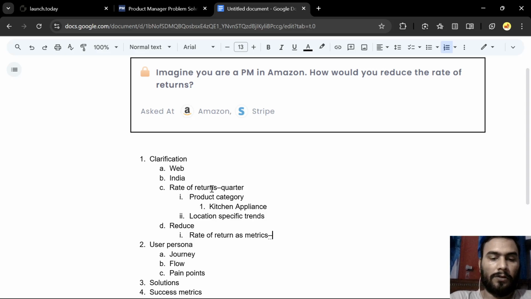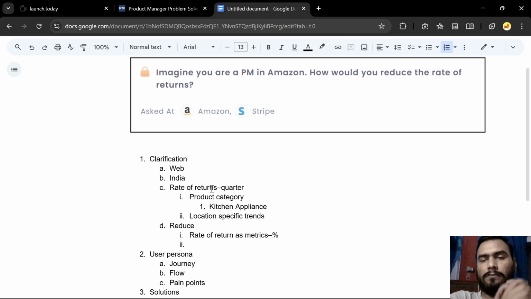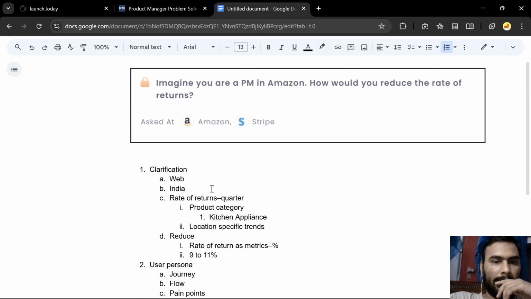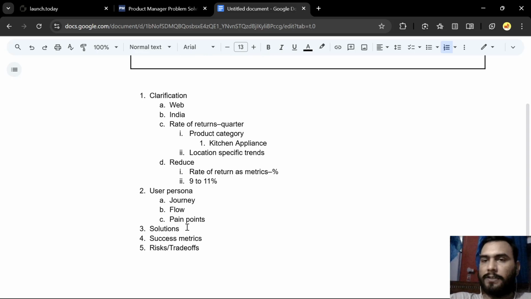Of course, this would be a percentage, and for the sake of our conversation, let us take this rate to be around 9 to 11%. And what are the different solutions we can implement? That we will think about in the solution stage.